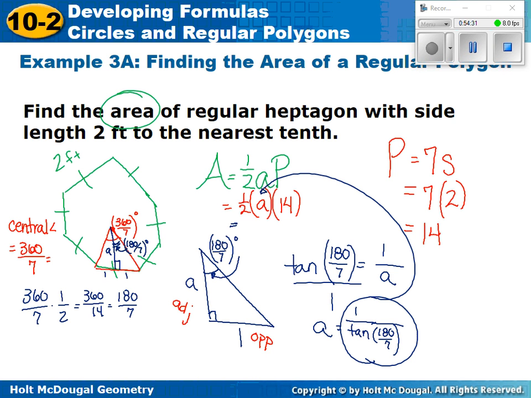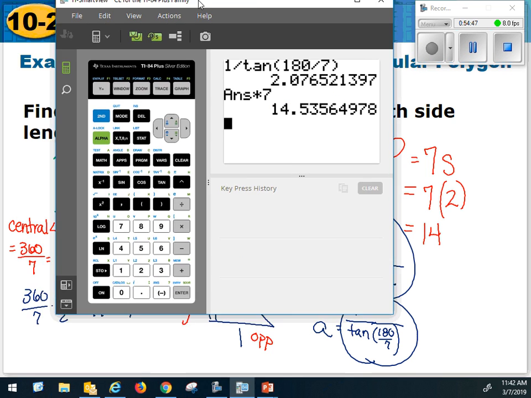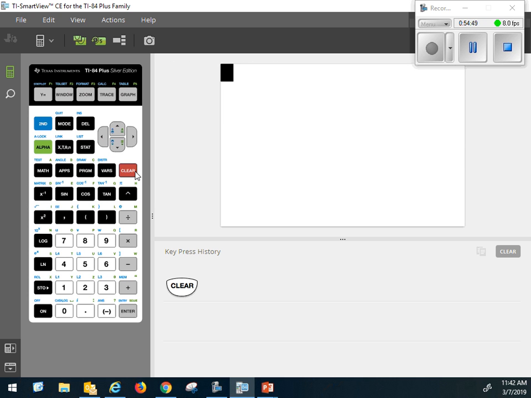I'm not going to type it all in at once just because I think it's easier to make mistakes that way. I'm going to type it in separate. Give me just a second to pull my calculator up. Okay, here we go. So let's type in the A part first. We're going to do 1 divided by what?